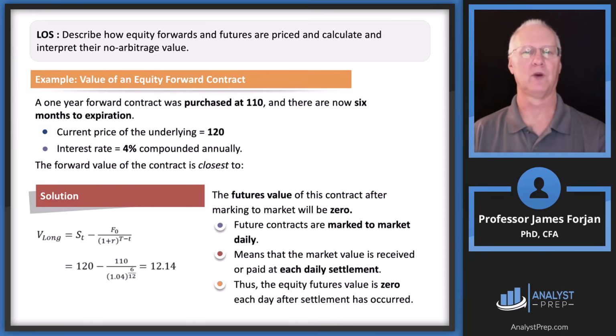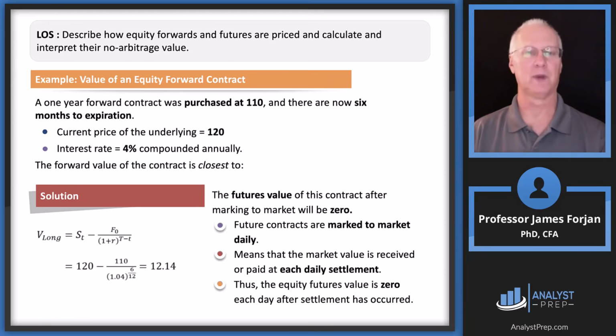So there we are, priced at 120. A 1-year forward contract was purchased at 110. Now the spot price of that underlying asset is 120. There are now 6 months, so we're halfway there to the maturity date. 4% compounded is the interest rate. Value of the forward contract is closest to.